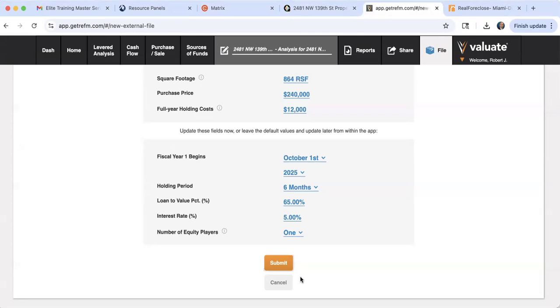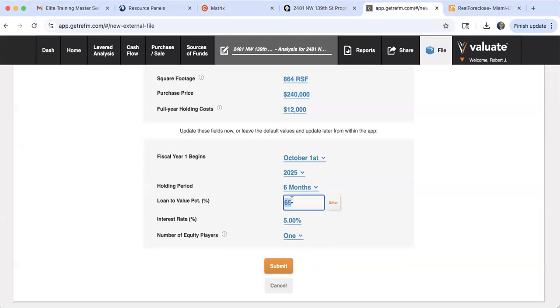Now we have over here loan to value. If the buyer is going to take out a loan with a hard money lender, then you're going to place the percentage of the loan there. There aren't any loans, conventional or FHA, that you're going to take out for a short amount of time. The buyer is going to lose money.